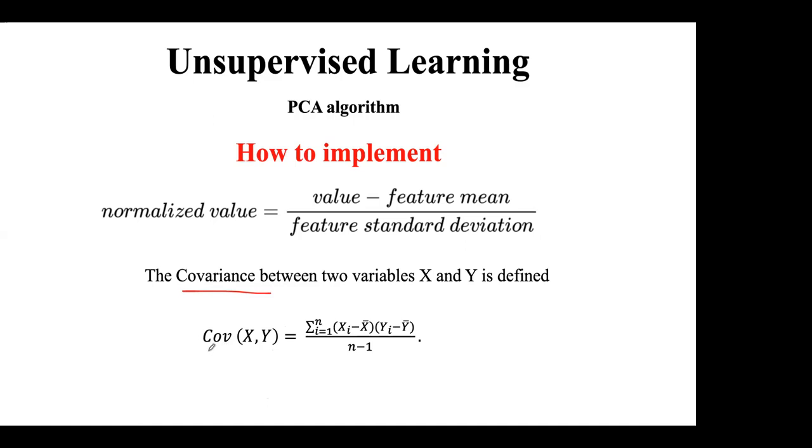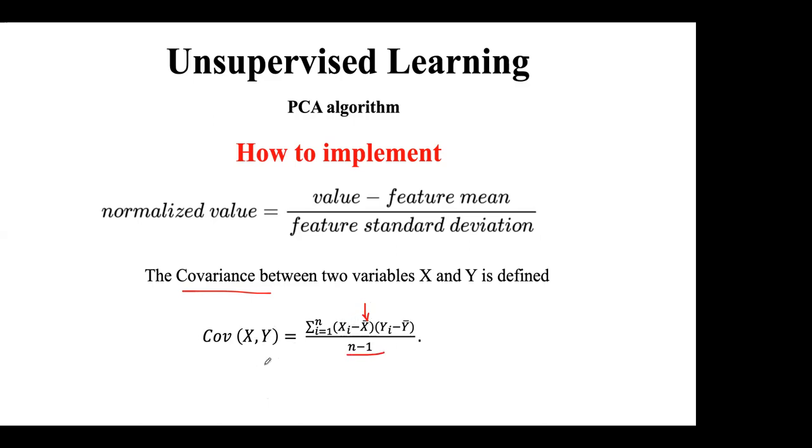So basically, covariance between variables X and Y is defined like this: Xi minus the mean value of the data in the X dimension, multiplied by Yi, the variable of example Y minus the mean value of Y, divided by the number of examples minus 1.